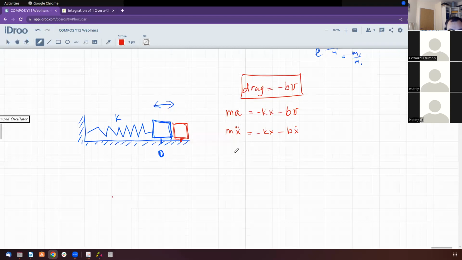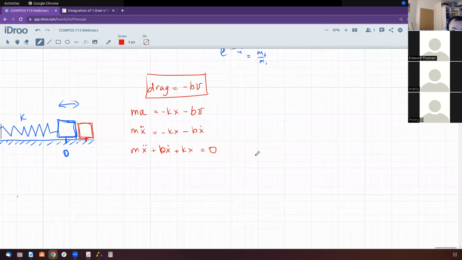And if we write this as m x double dot plus b x dot plus kx is equal to 0, this is a homogeneous differential equation of the second order.